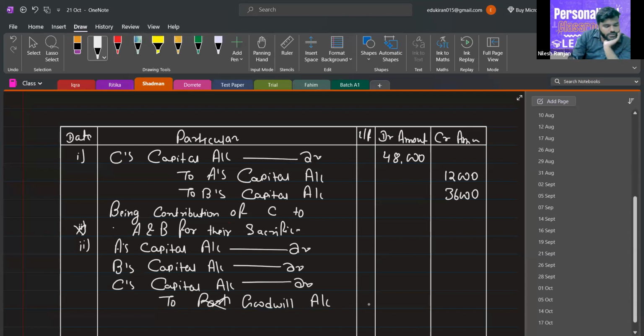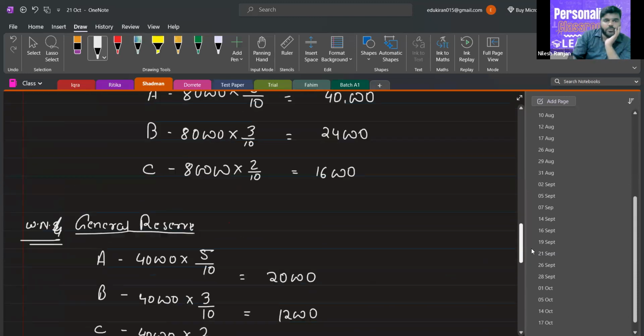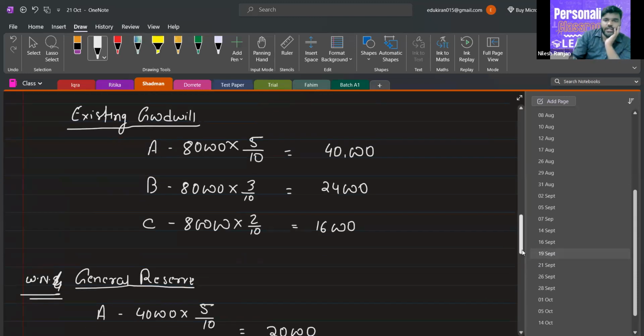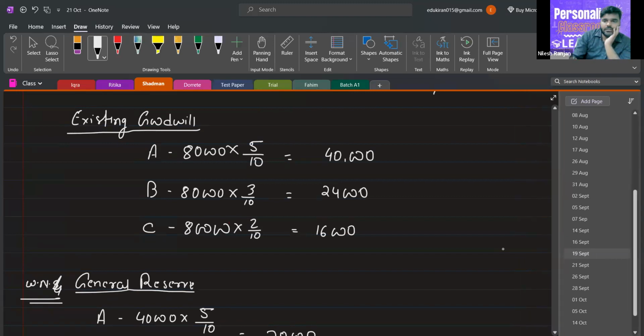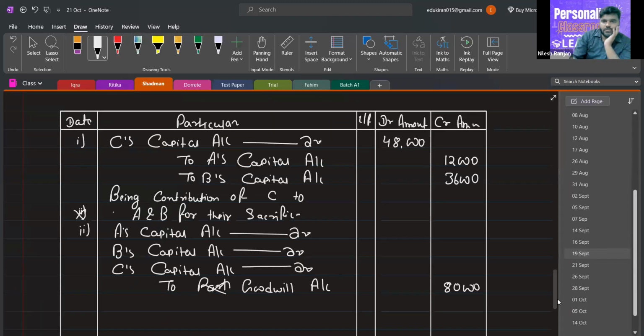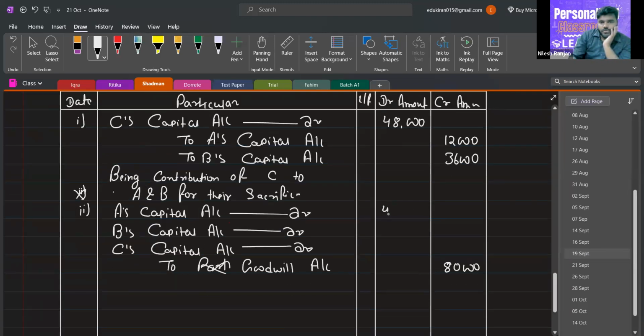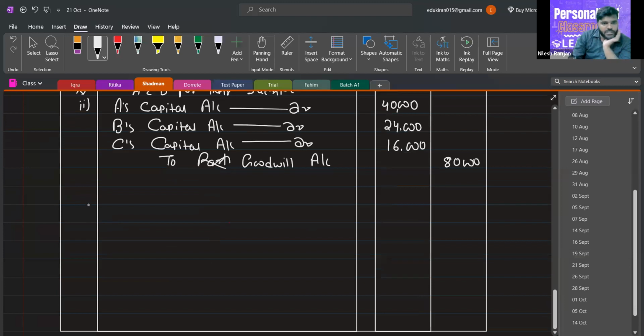Now existing goodwill in the question is 80,000, and we have calculated the amount for every partner: 40,000, 24,000, and 16,000. Now, the last entry: being existing goodwill written off.